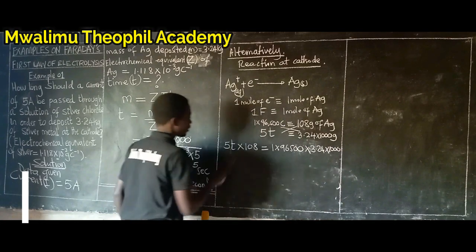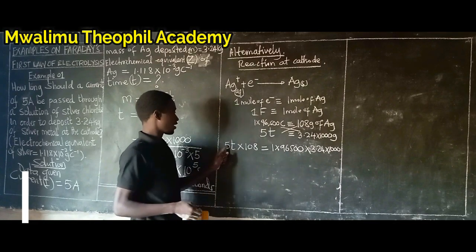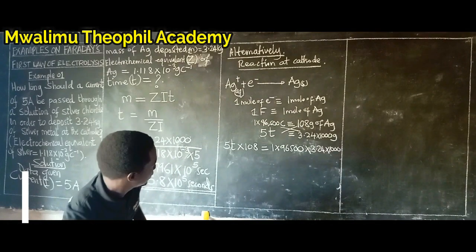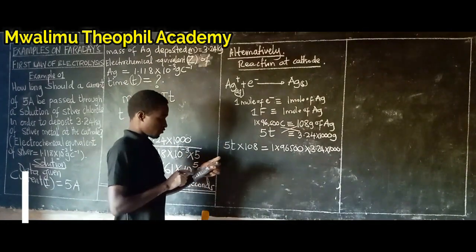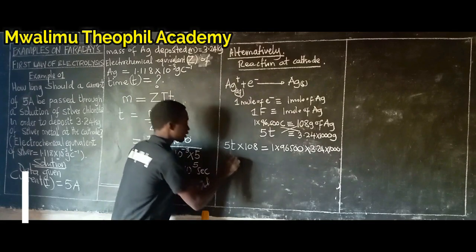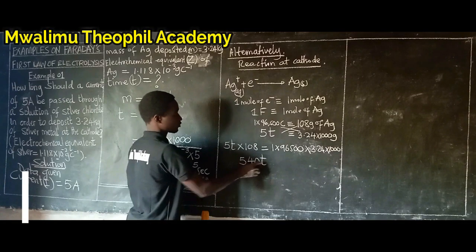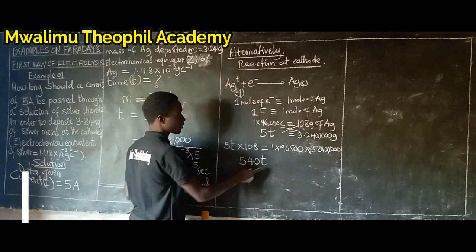Let us start by multiplying 5 and 108. 5 times 108 gives 540t. As t is not known, remember it is the time. Now we are looking for t.